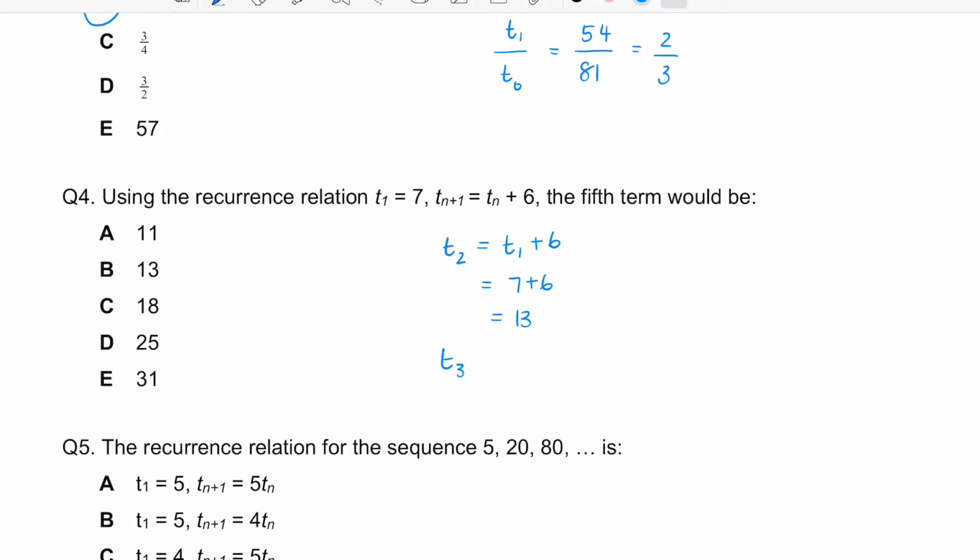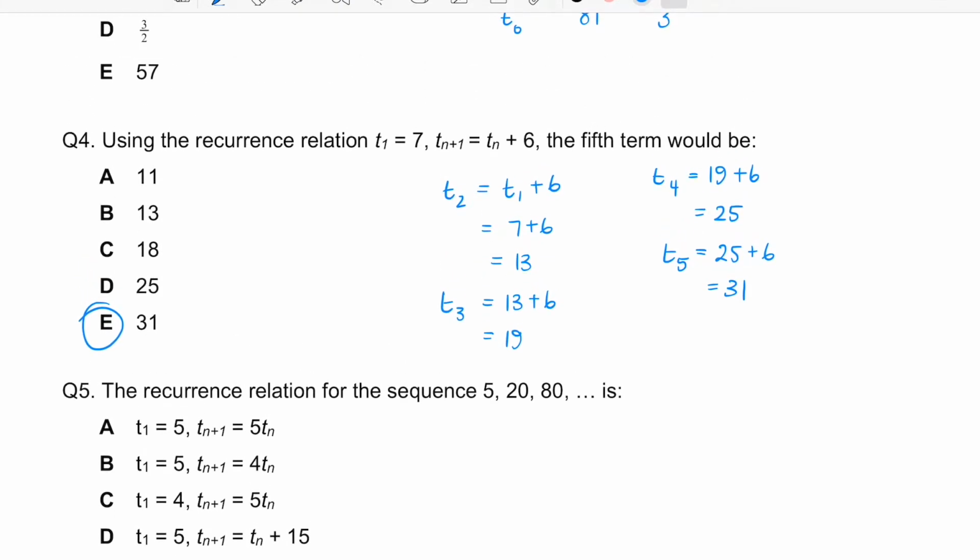So then to find T3, I would use my answer from above, plus 6, and that will be 19. T4, which I'm going to use 19 plus the 6, will be 25, and then T5 will be 25 plus 6, which is 31. So my answer is going to be E for question 4.